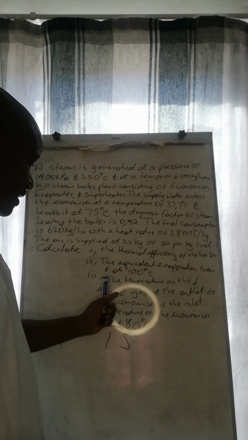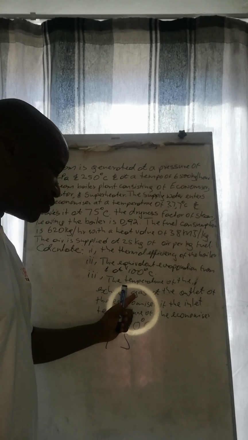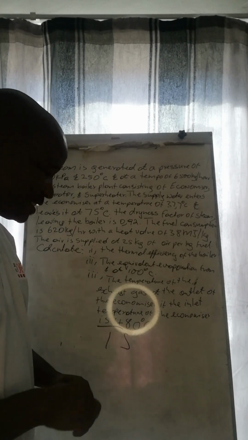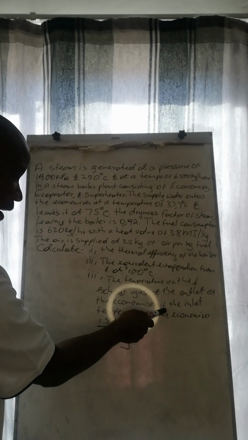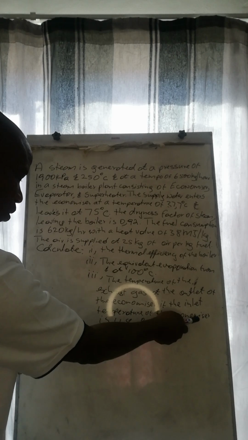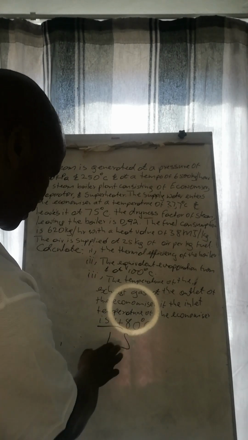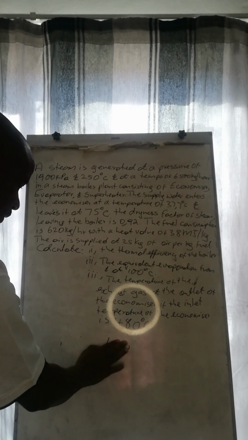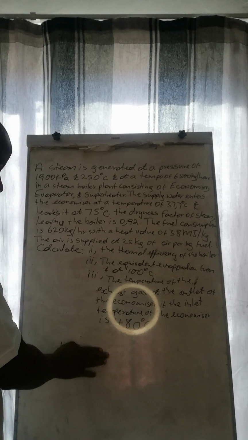He should have just said the temperature of the exhaust gases at the economizer, if the inlet temperature of the economizer is 480 degrees Celsius. I'm giving you just 1 minute to write that down.